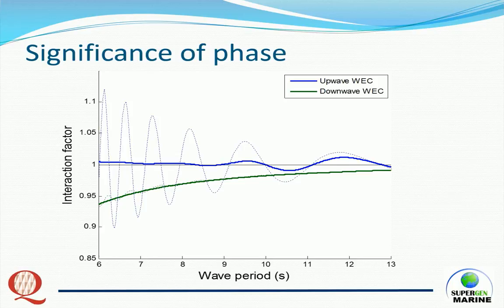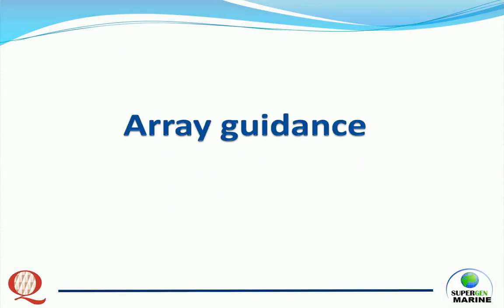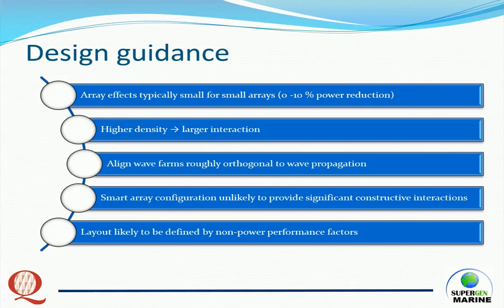So, moving on to guidance, very quickly. Array effects are not typically as big as you expect, normally around about 10%, if you take real cases into consideration and you're not considering these perfect array interactions. Simple things, perhaps worth reiterating: higher densities tend to result in larger interaction factors, and because most interaction factors result in a reduction in power, they tend to result in lower power capture.